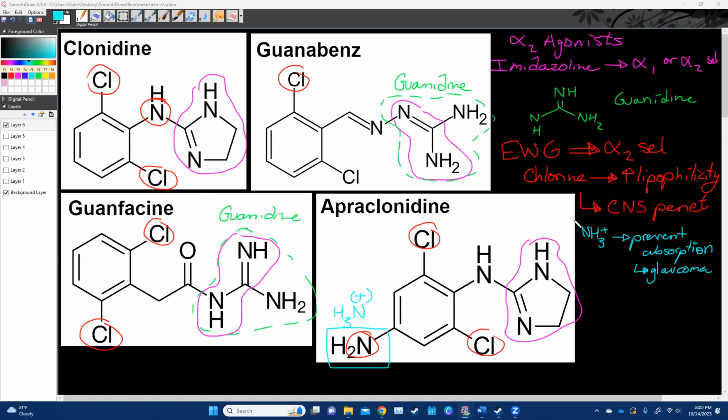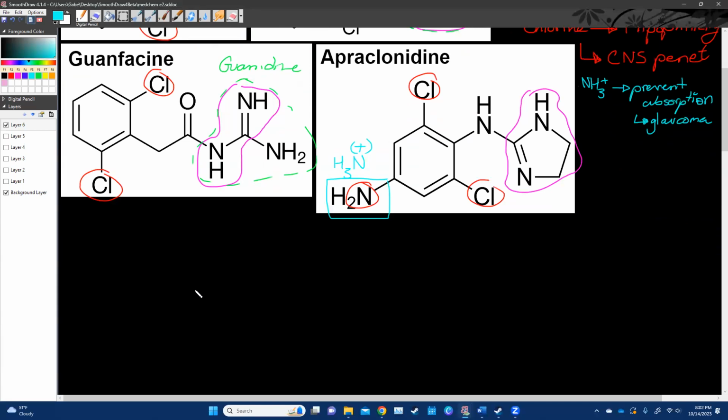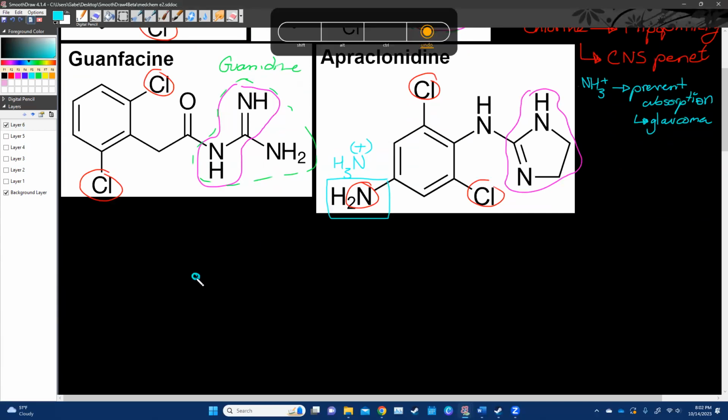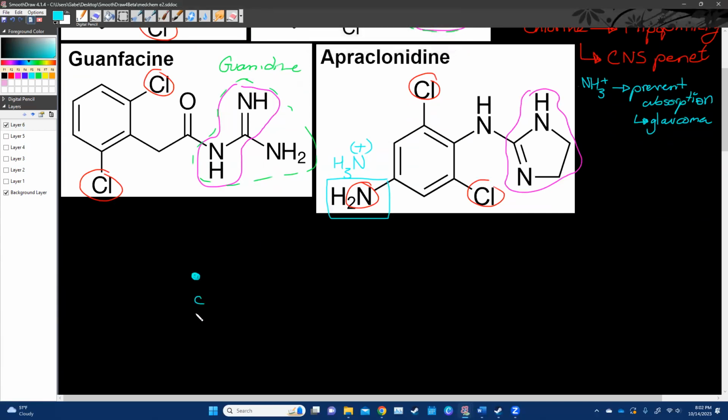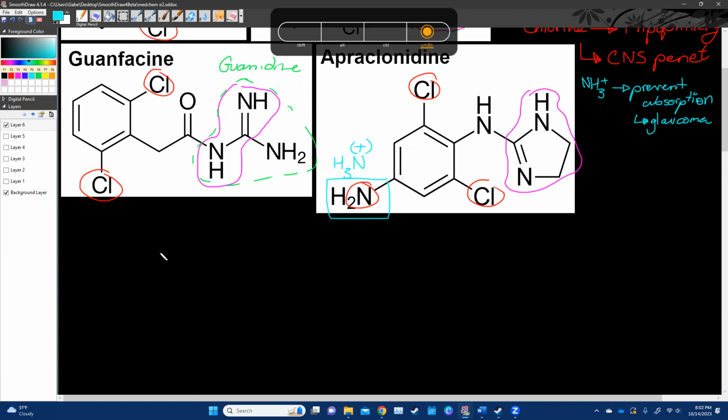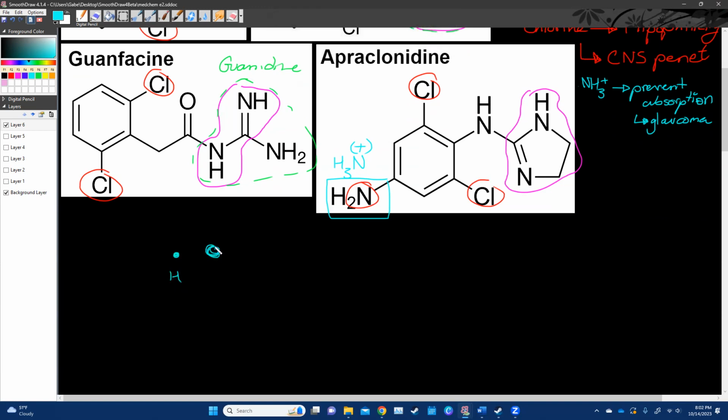Great question. The way that chlorine makes drugs more lipophilic is that if you look at the relative size of carbon, and I should draw it like this, here's hydrogen, here's carbon, and these guys are the quintessential lipophilic atoms, right?